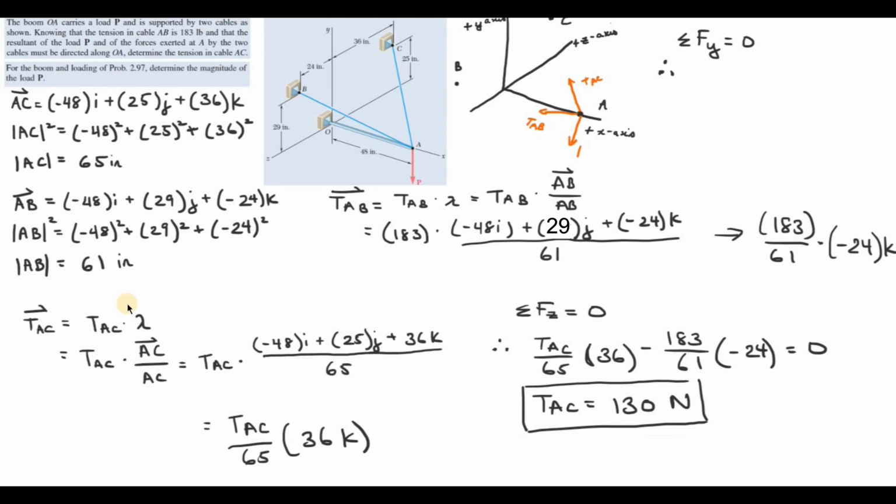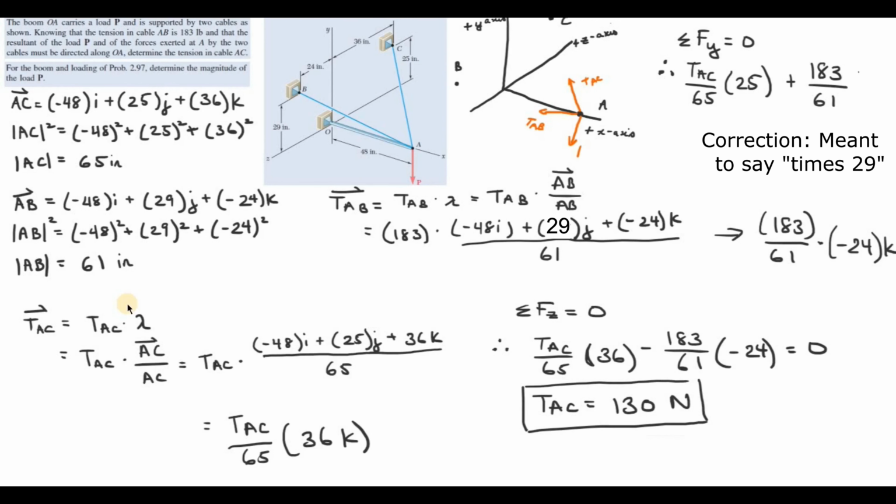And this gives you tension AC over 65 times 25 plus 183 over 61 times 25, and this is for tension AB, minus P is equal to 0. Plugging in the value for tension AC, which is 130 newtons, we can solve for P, and this will give you 137 newtons.